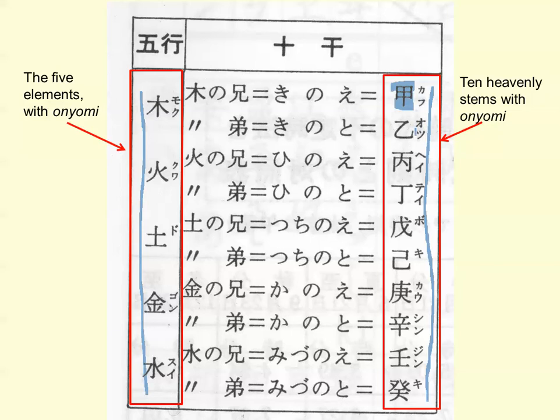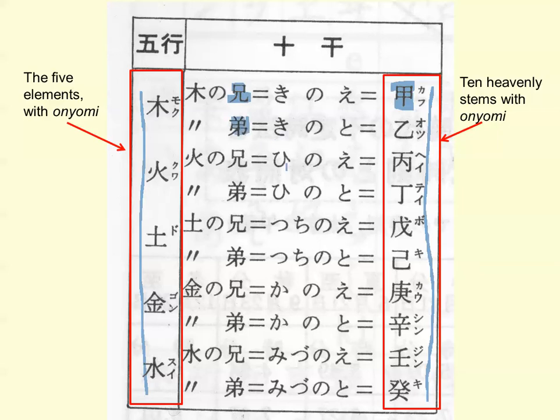But if you were referring to that character alone and not in an ordinal system, then you would refer to it as kino-e. And then there's kino-to. So this is kino-e, kino-to. The older brother of wood, the younger brother of wood. If you don't know those kanji, this is older brother, ani, and this is younger brother, ototo.